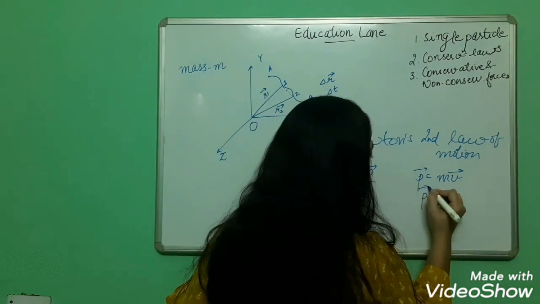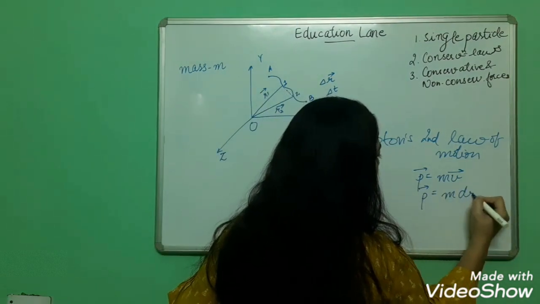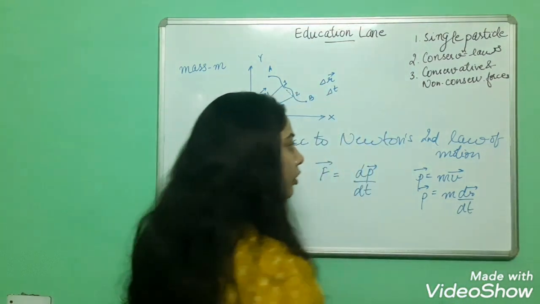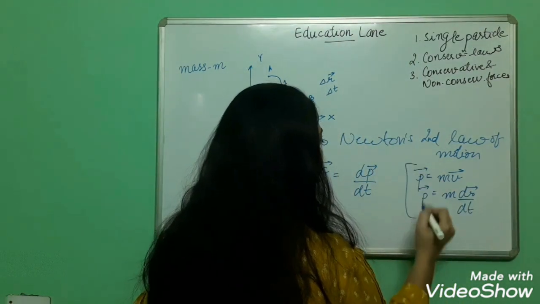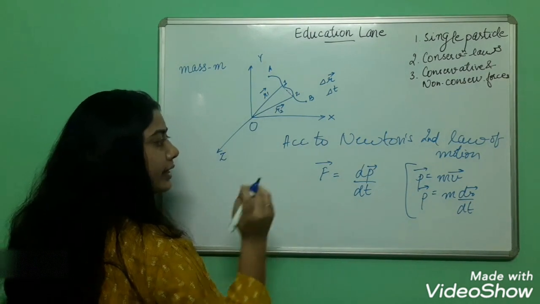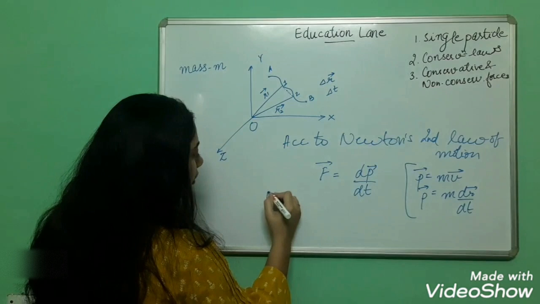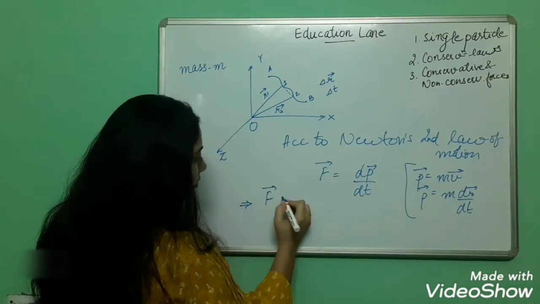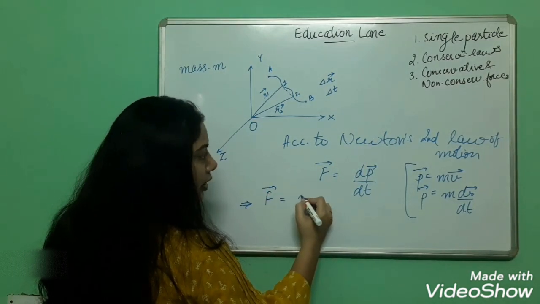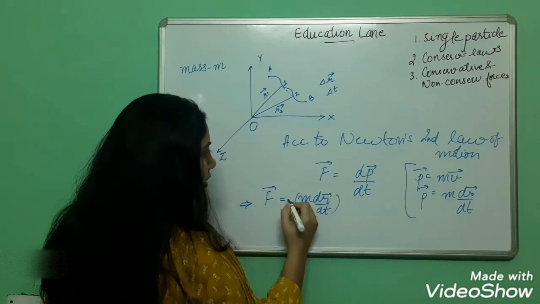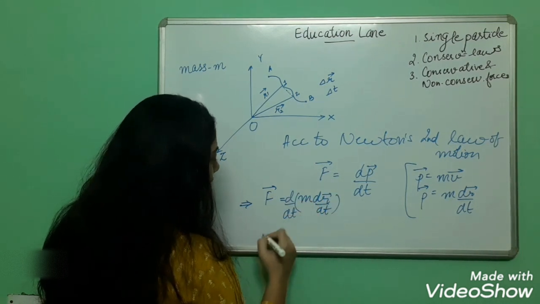I can write it as m dr by dt, right? From the formula which I derived. Now the external force is equal to dp by dt. Now let us put the values: m dr by dt, d by dt.